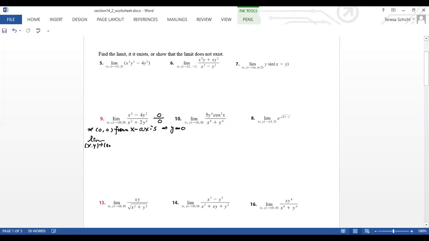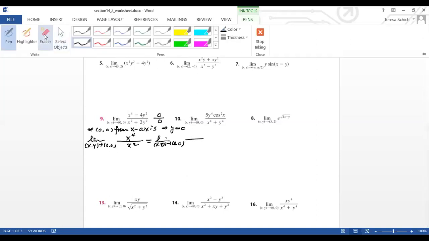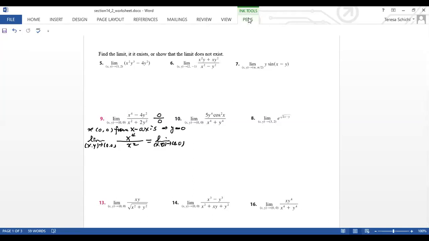The limit as (x,y) approaches (0,0) with y equal to 0. So we have x^4 on top, and the bottom is x^2. Then this is the limit of x^2, so it will be equal to 0 here.